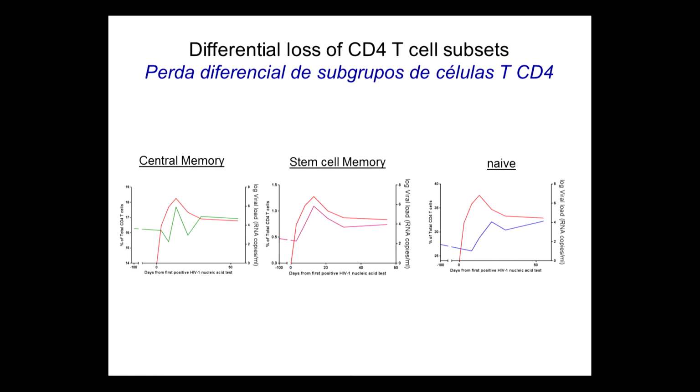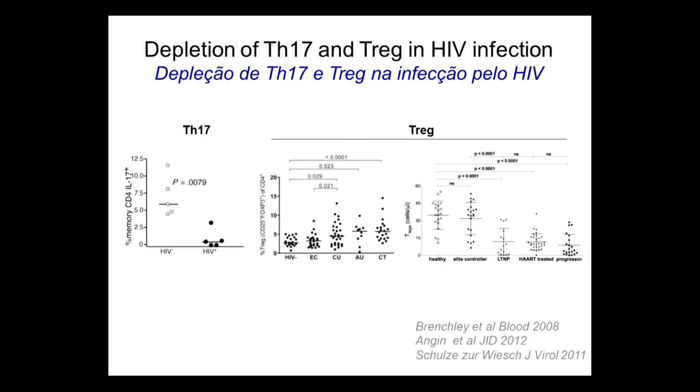Now, when we talk about CD4 T cell subset loss, of all the different CD4 T cell subsets I showed you earlier, one that has been shown to be extremely lost in acute HIV infection is the Th17 cells. But we are also seeing a loss of T regulatory cells.